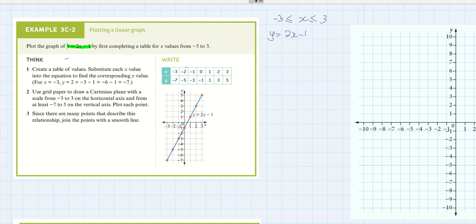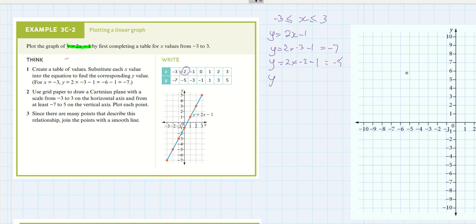And so we write this sort of relationship, or the conditions, I suppose, for the line, and then we just fill in. So 2 times -3 take 1. Well, 2 times -3 is -6, take 1 is -7. Y equals 2 times -2, because that's our next one. 2 times -2 is -4, take 1 is -5.